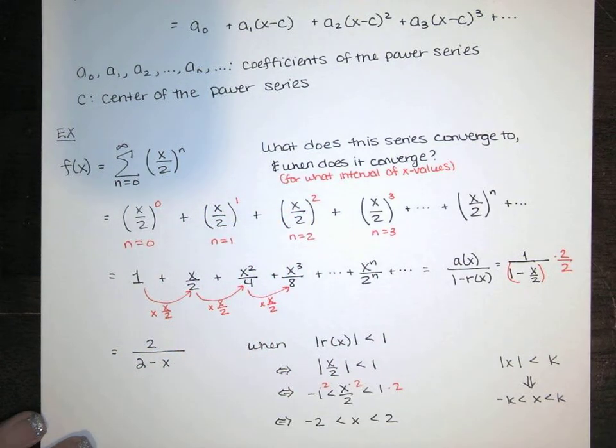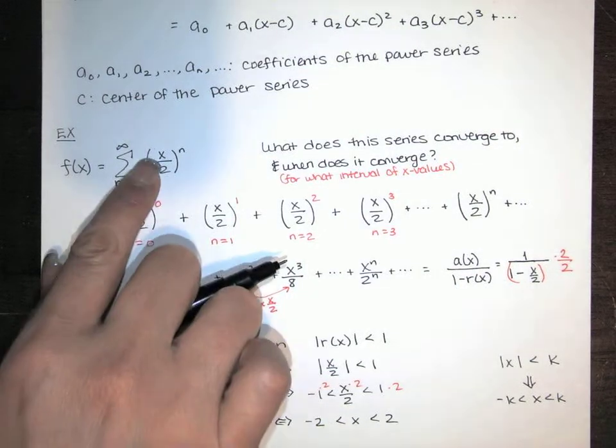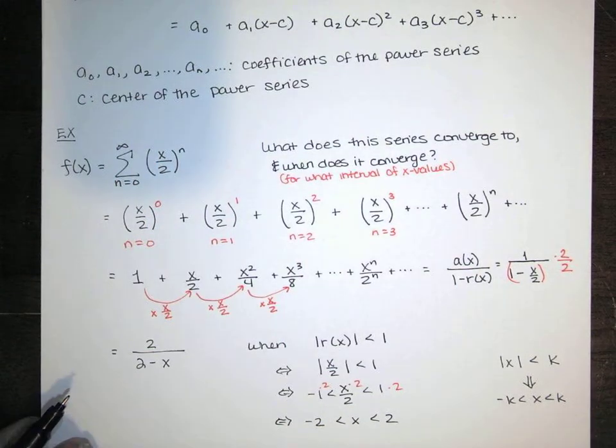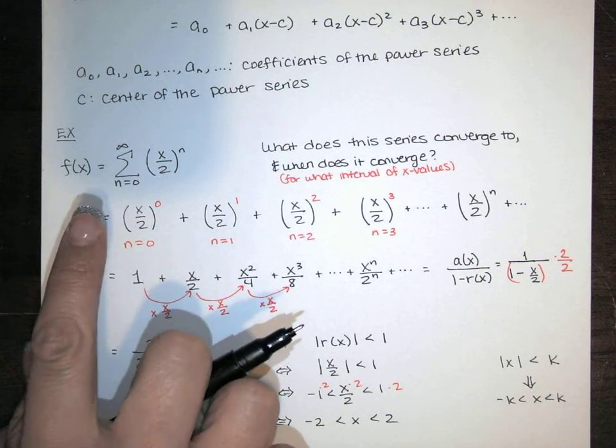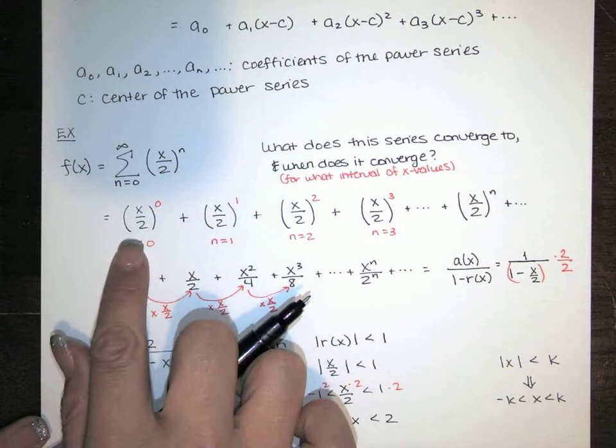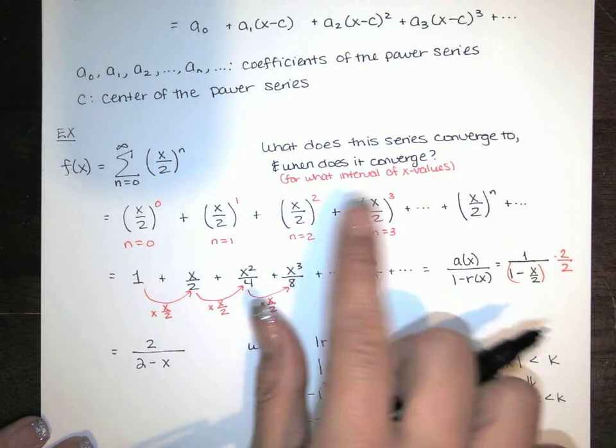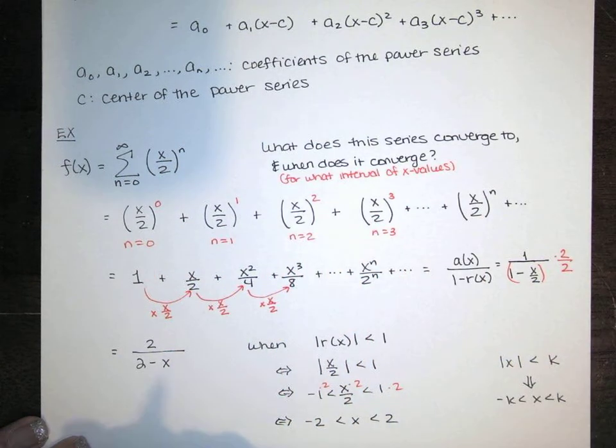Infinitely many 1s added together, you know those partial sums are going to infinity. If x is negative 2, we get negative 1 to the n. So you get, well, negative 1 to the 0 is 1. It'll be 1 minus 1, 1 minus 1, 1 minus 1. So half the time, those partial sums are equal to 0, the other half the time the partial sums are equal to 1. So the sequence of partial sums diverges, and the series diverges.